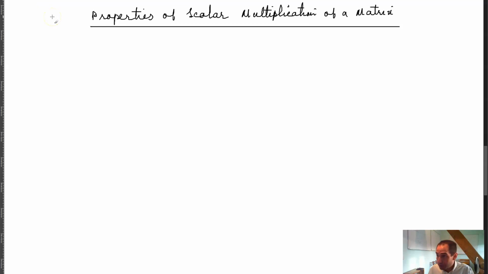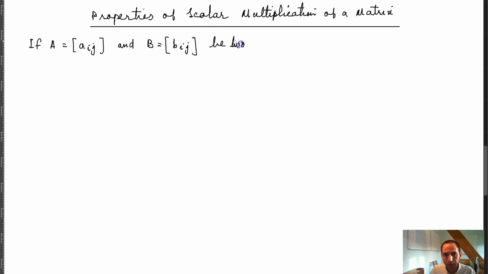Okay, so about the properties of scalar multiplication of a matrix, let's say that A is a matrix A of ij, and B is a matrix B of ij, two matrices of the same order, say m by n, and k and l are scalars.